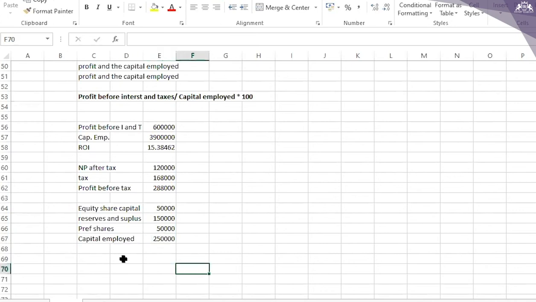2,50,000. So my return on investment would be profit before tax divided by capital employed as a percentage. Very good, percentage 115.2.